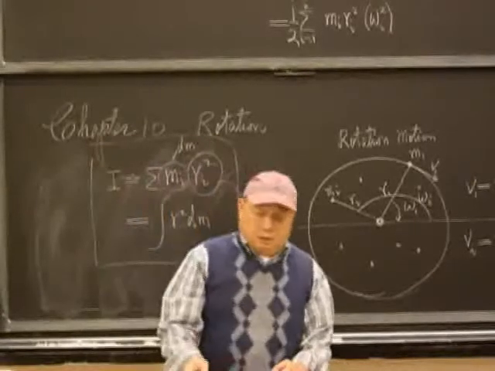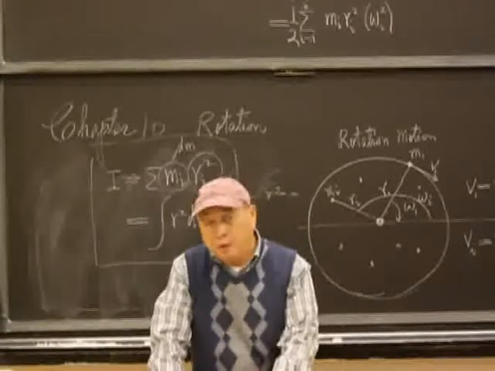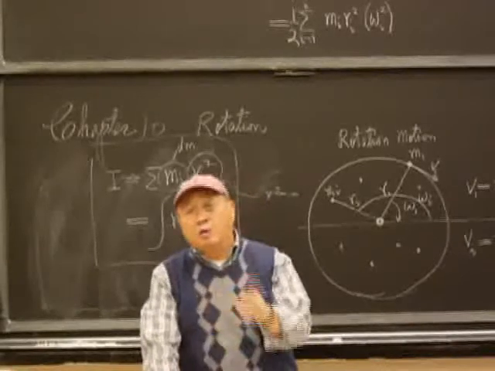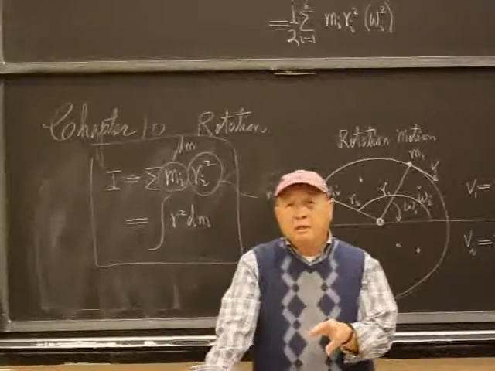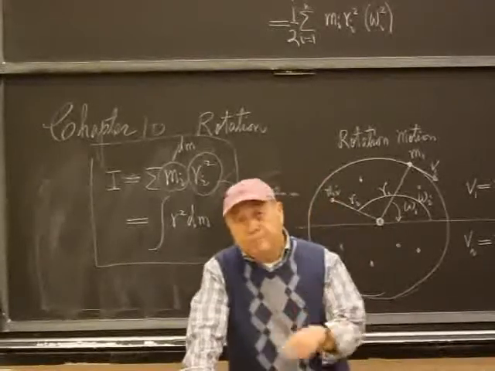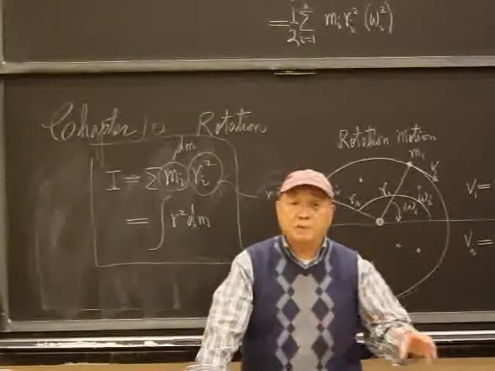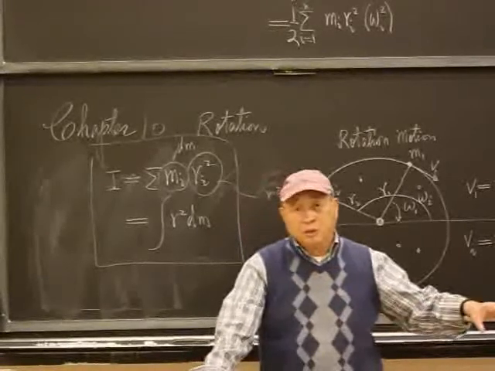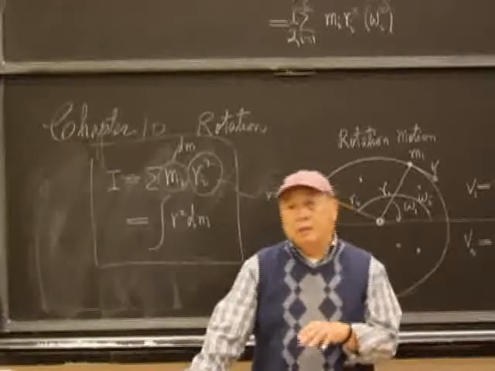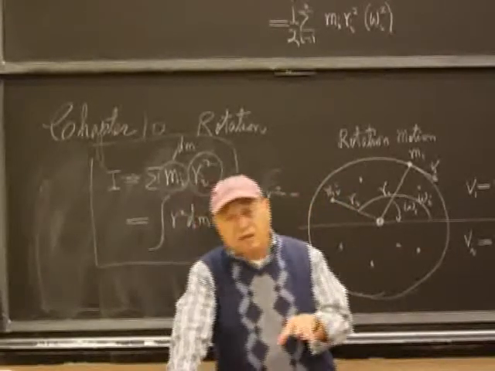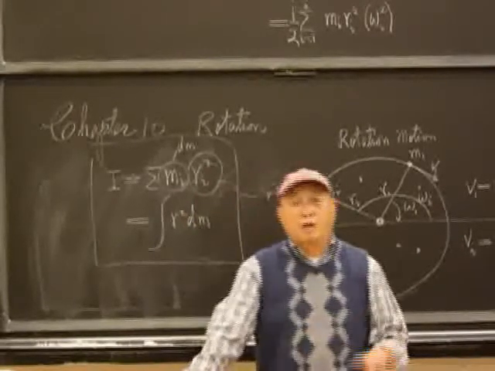So different objects, different shapes have different moments of inertia. From this, recalling the rolling motion yesterday, you will find the sphere has the largest speed when rolling down an inclined plane. Then the cylinder has less speed, and a hollow cylinder has an even smaller speed.